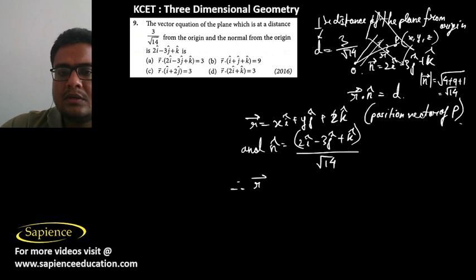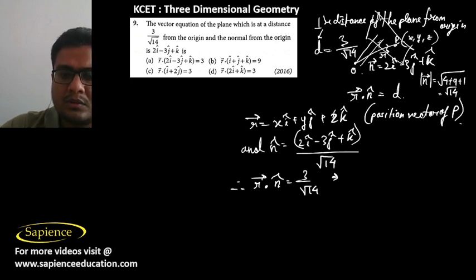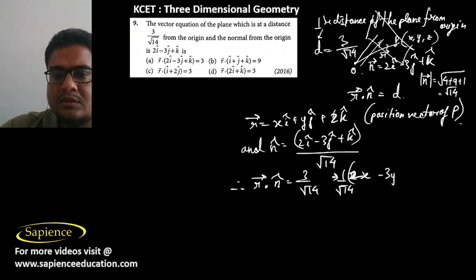Therefore r vector dot n cap, that is equal to d, is 3 by root 14. So if you take the scalar product of r vector and n cap, that will come 1 by root 14 into 2x minus 3y plus z, and that is equal to 3 by root 14.